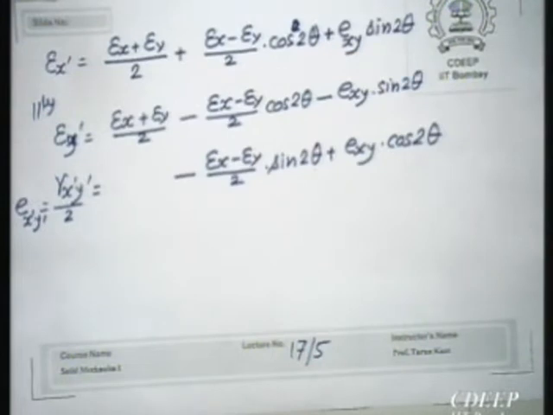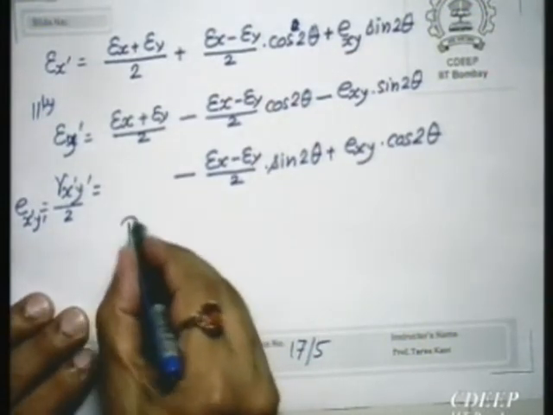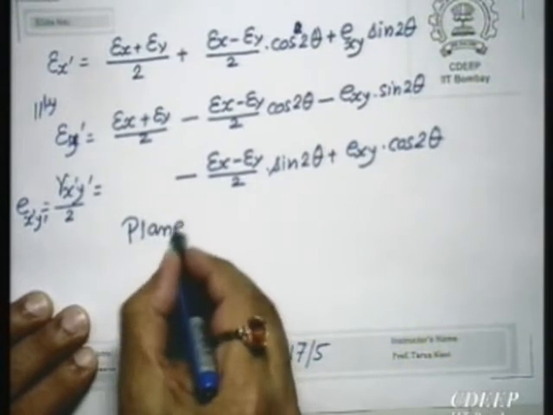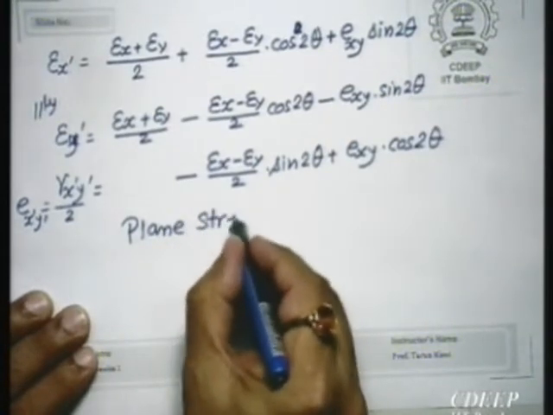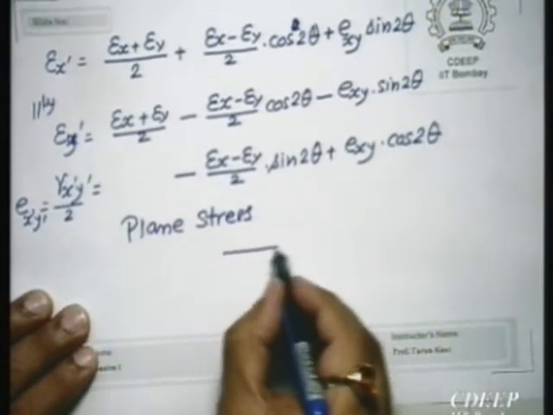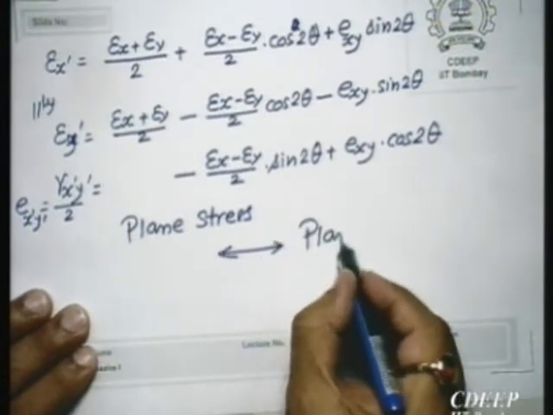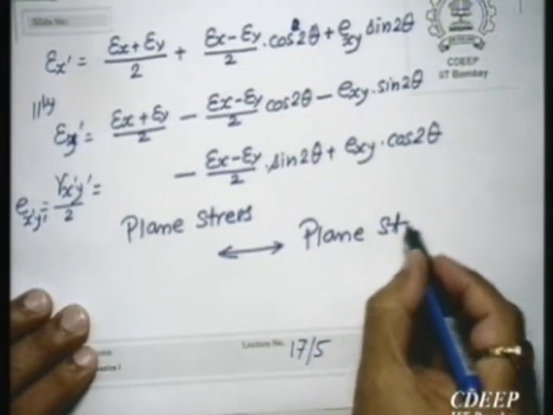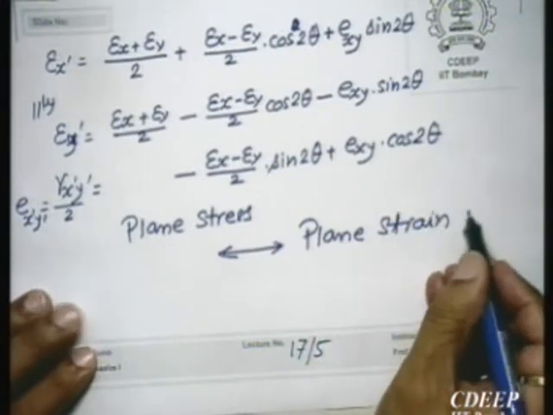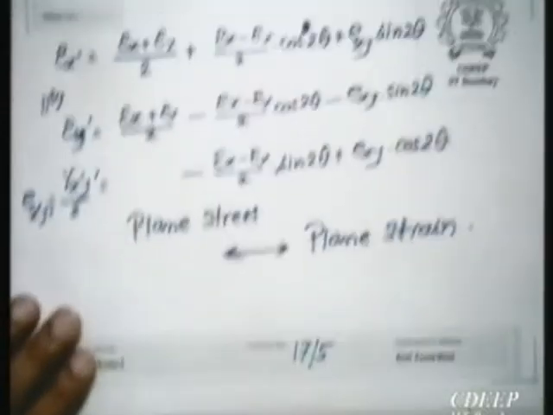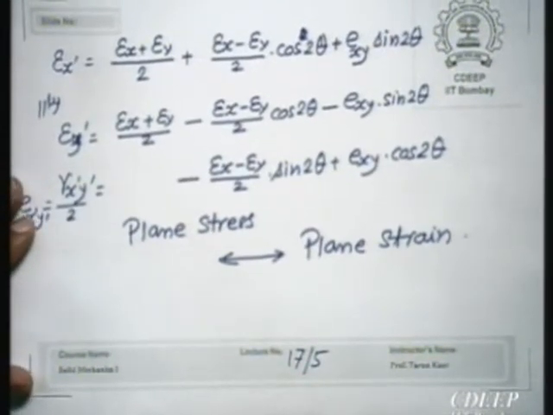So, there is no difference between the plane stress and here we have plane strain. So, whatever you did for finding out the principal stresses in the case of plane stress, we can do the same thing here for finding out principal strains.